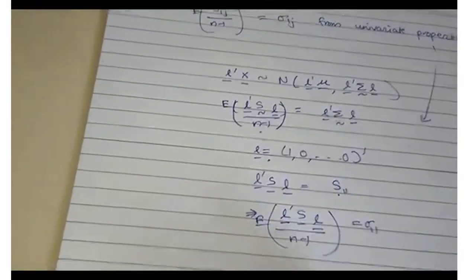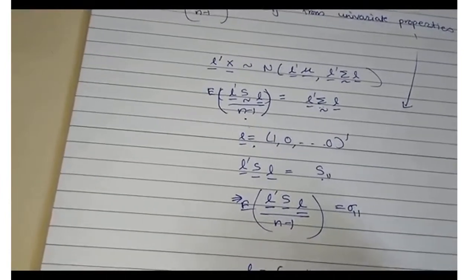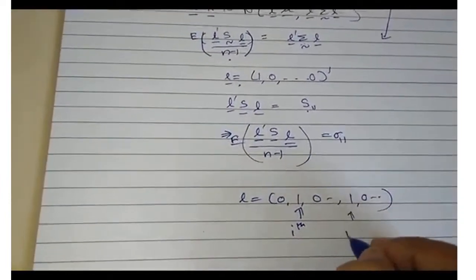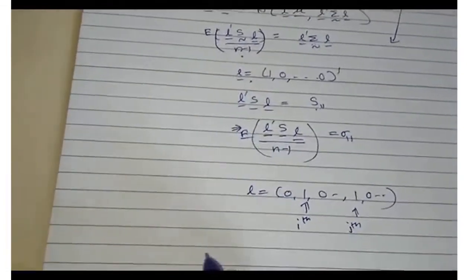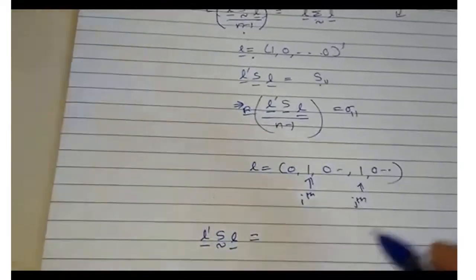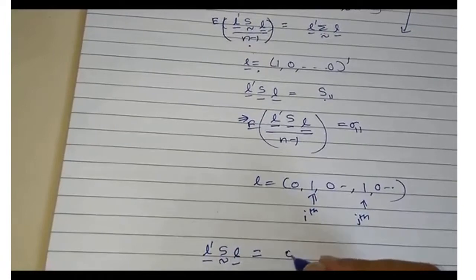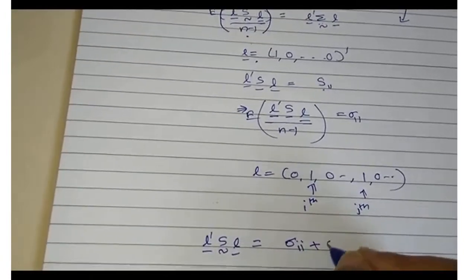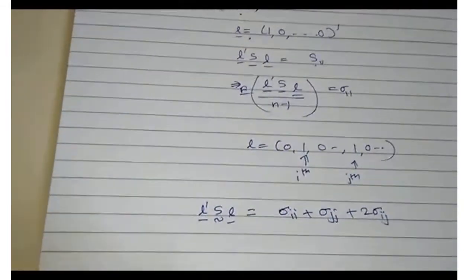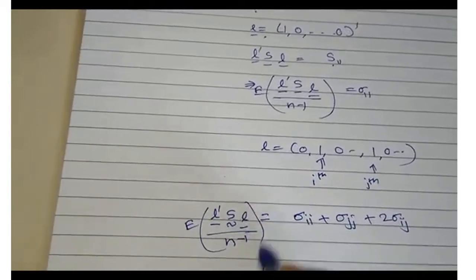So in general, if I define L as (0, ..., 1, ..., 1, ..., 0), where one 1 is at, say, the ith position and the other 1 is at, say, the jth position, then L prime SL would give me sigma II plus sigma JJ plus 2 sigma IJ, when divided by n minus 1.